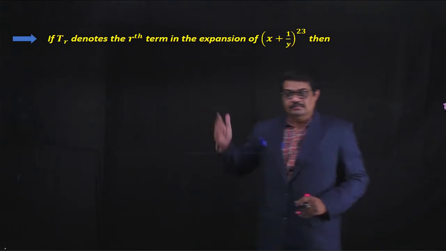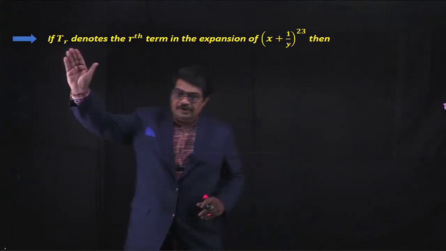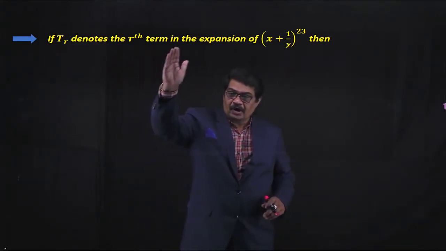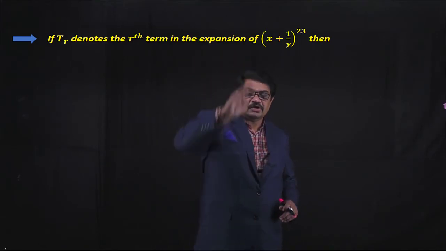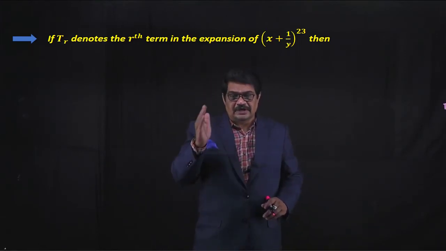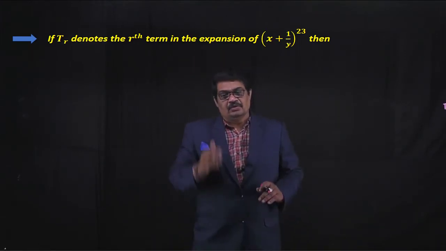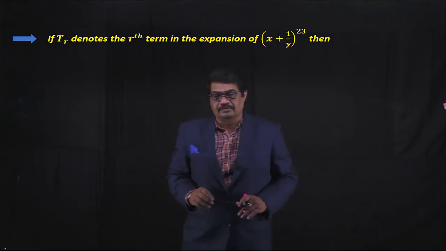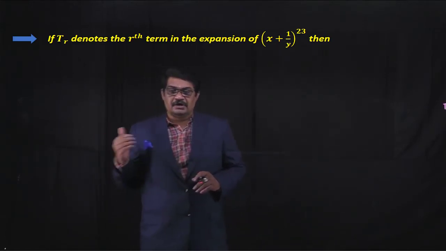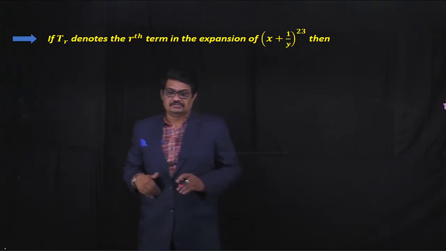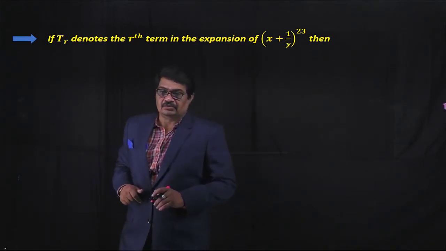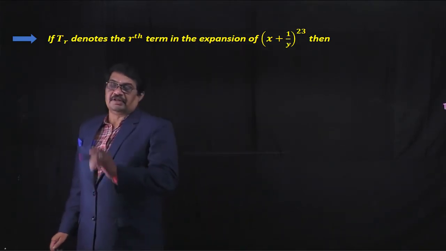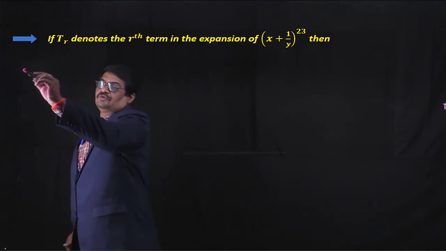See the problem. If Tr denotes the rth term in the expansion of (x + 1/y)^23, in that expansion, Tr denotes the rth term. Now we write the solution.